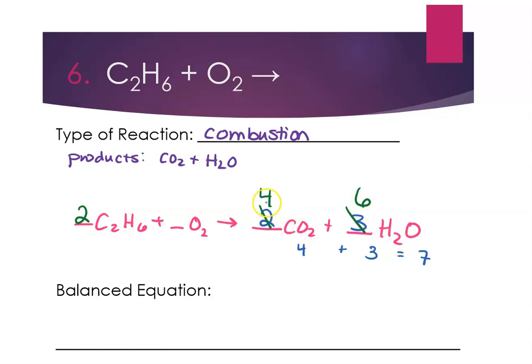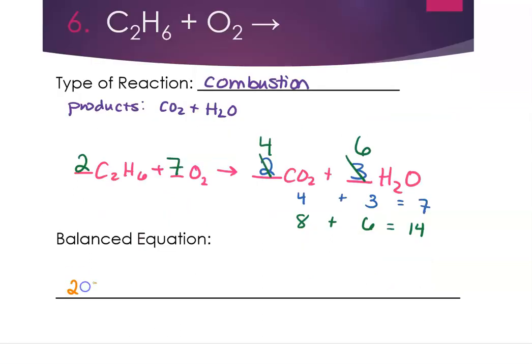But what it's going to do is give me an even number of oxygens. So 4 times 2 is 8, 6 times 1 is 6. That gives me 14 oxygen, which means I can put a 7 here. So 2C2H6 plus 7O2 yields 4CO2 plus 6H2O.